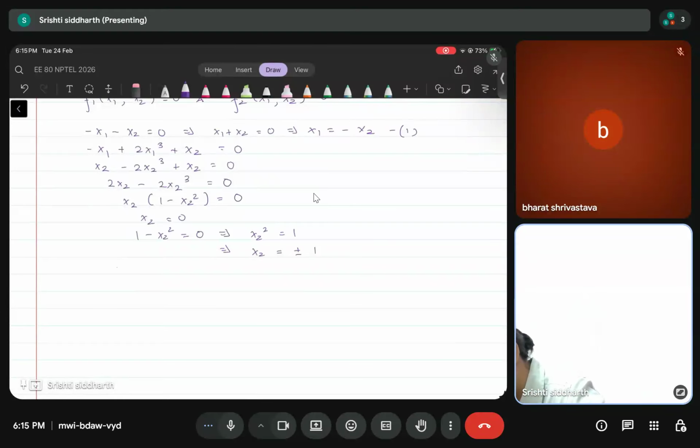So x2 would be 0, 1 and minus 1. Therefore, x1 is going to be 0, minus 1 and 1.